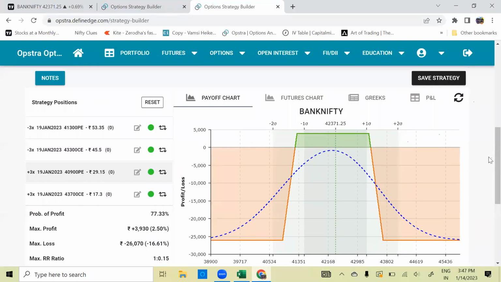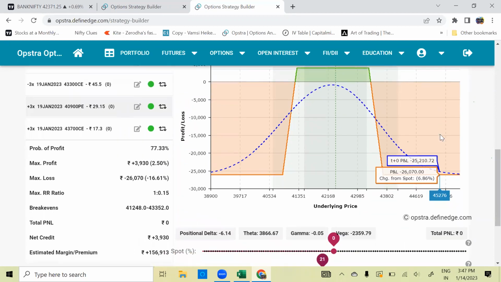Okay, so in an iron condor, if I take hedges, my loss also will come down. I mean, my risk also will come down because I am having the hedge. The nearer the hedge you buy, the more the risk goes down, but your range also will go down very drastically.